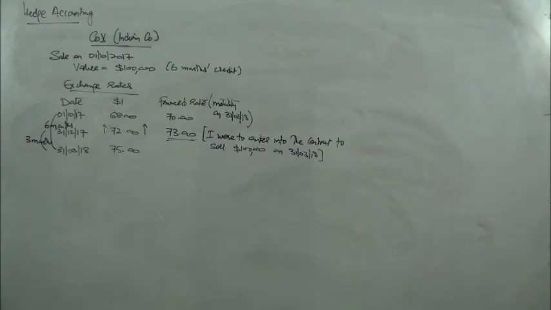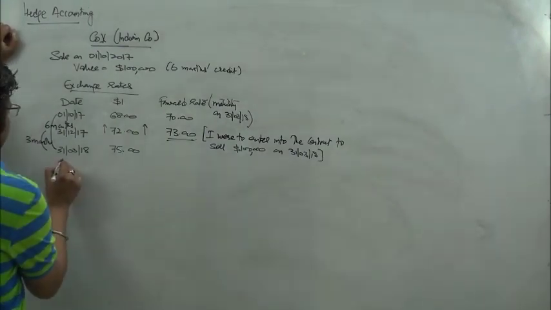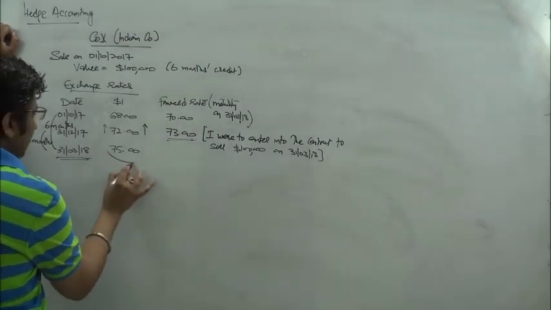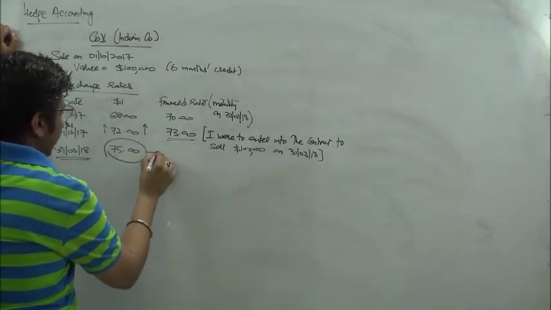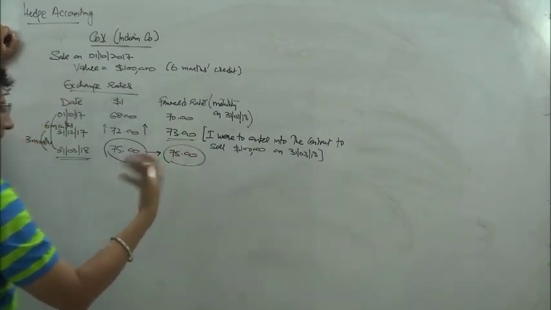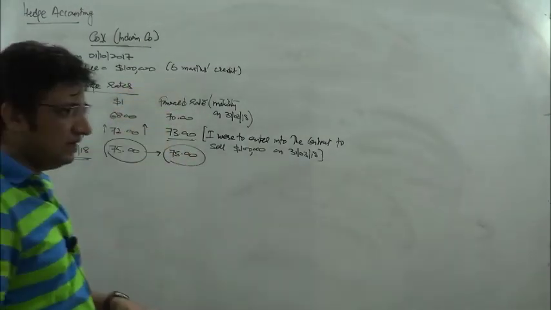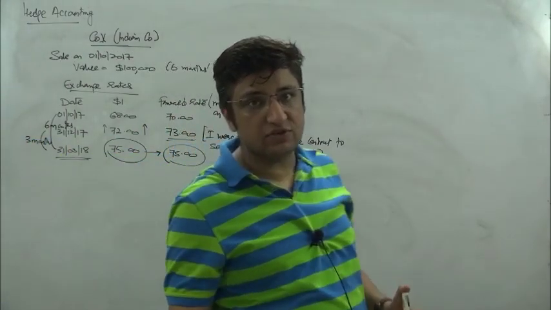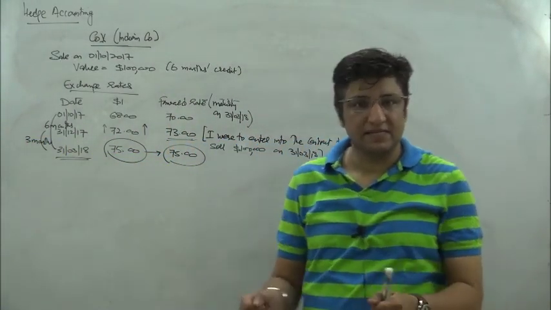Is it okay? And then finally I'm saying that on the last date, of course, my spot rate would also be the rate that the bank would offer me if I go to the bank on 31st of March, right? Imagine it like this.